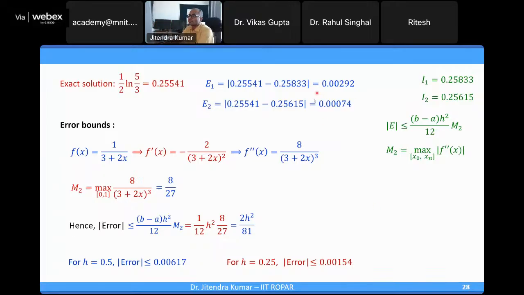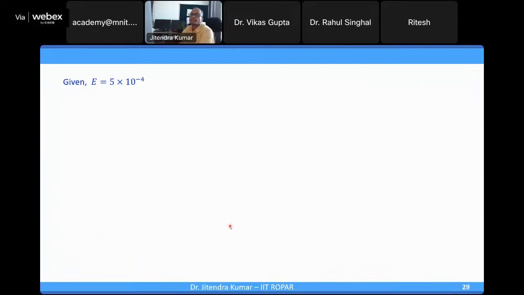And again, this is true because the actual error was 0.00074. So again, here we have verified that these error bounds are the correct upper bounds, and in both the cases we have seen that the actual error is bounded by these numbers, which have come directly without calculating the numerical integration.